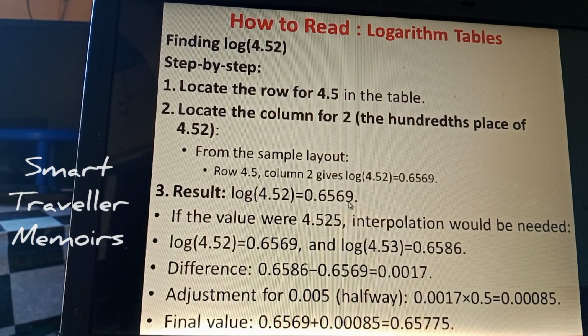The adjustment will be halfway, and therefore you multiply this difference by 0.5, and you are going to get 0.00085. So the final value is 0.65775.